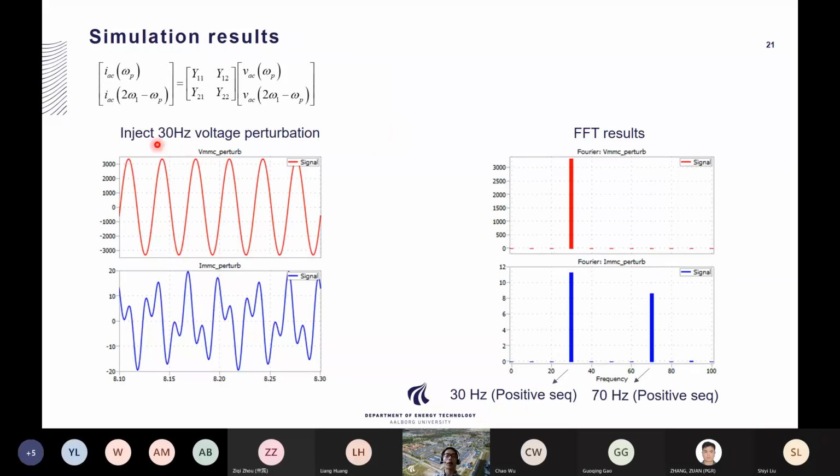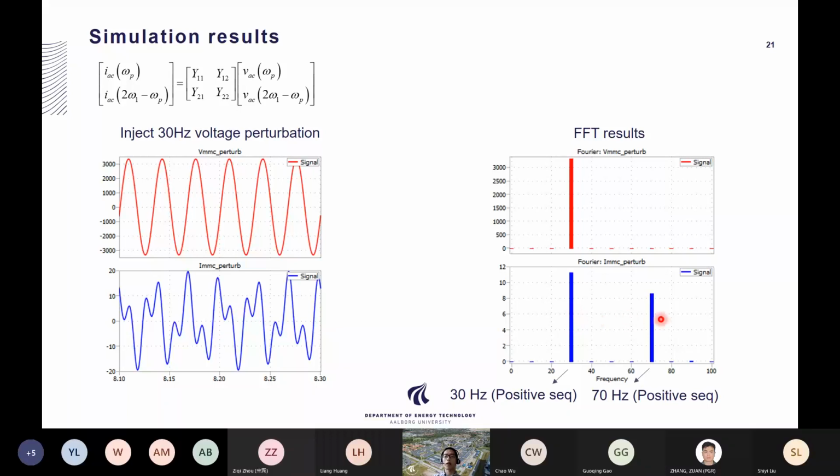So here I just show you a clear example. If we inject a 30 hertz voltage perturbation at the AC terminal of the MMC, you can see clearly that the voltage perturbation only includes one frequency, but the current response, as you can see from the time domain waveform, includes multiple frequency components.